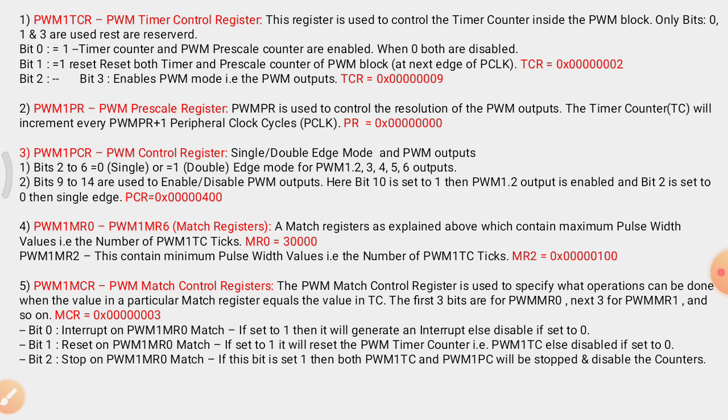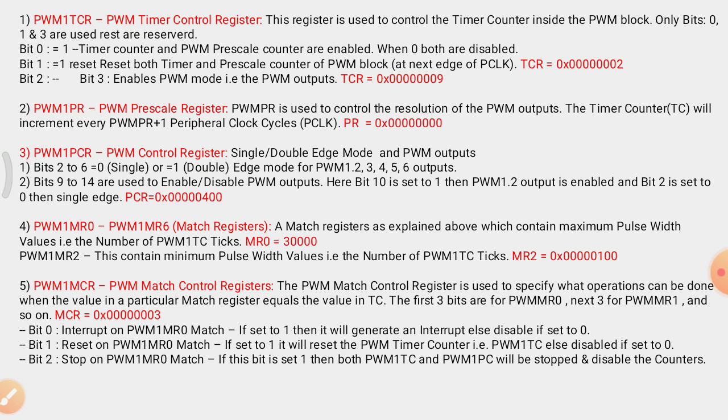Then another register is the PR register, the prescale register. This is basically used to control the resolution of PWM outputs, in the sense that the output will vary according to the peripheral clock cycles, PCLK.